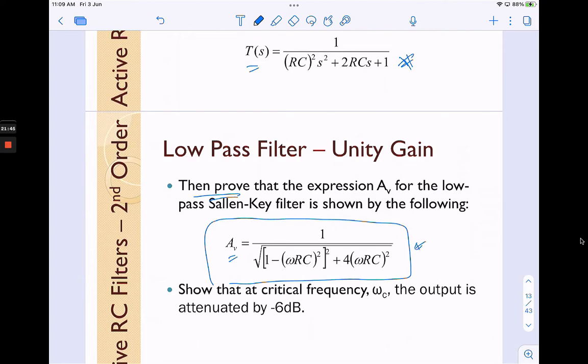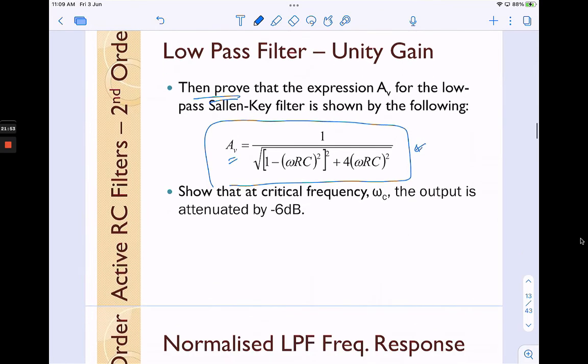Okay, and after omega c the response will be attenuated at -6 decibels per decade. So this is the frequency, and this is the gain here.